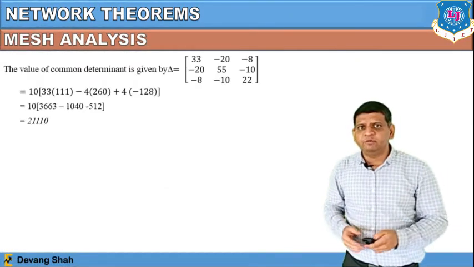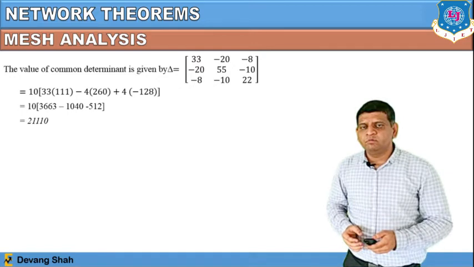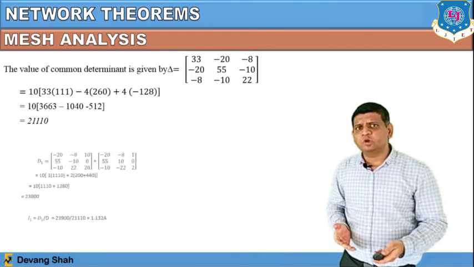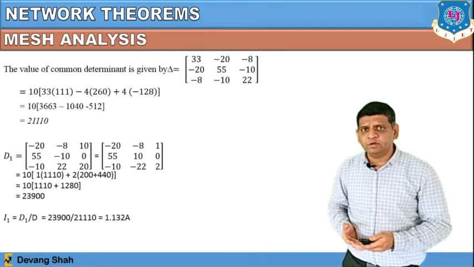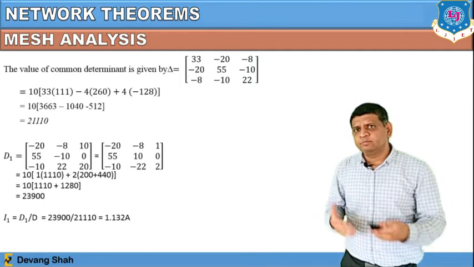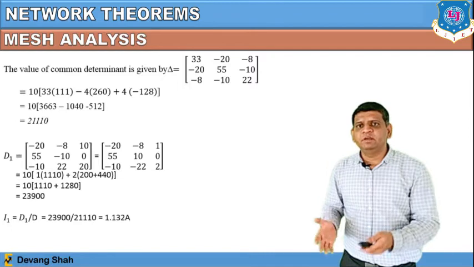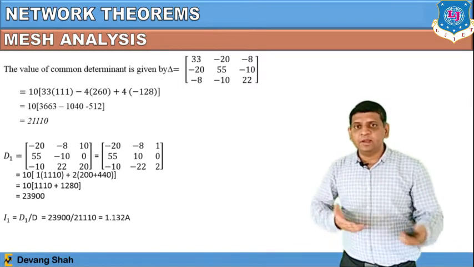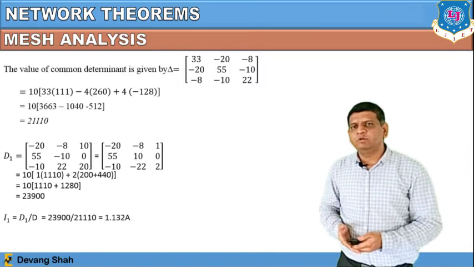Then you replace the first column by the voltage, and you will find delta 1, or D1. From this you can find the I1 current, which is delta 1 divided by delta, or D1 divided by D, and that is equal to 1.132 ampere.